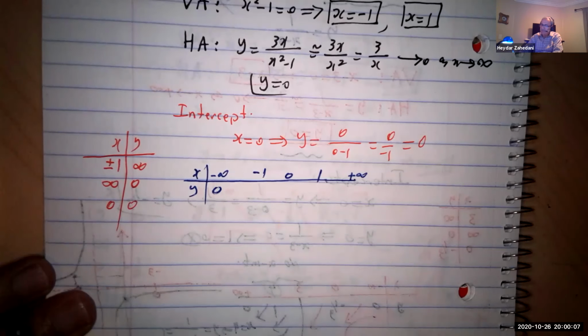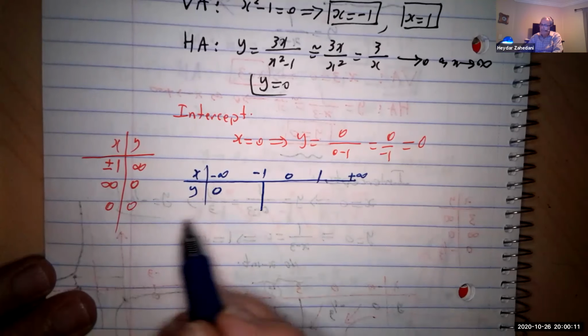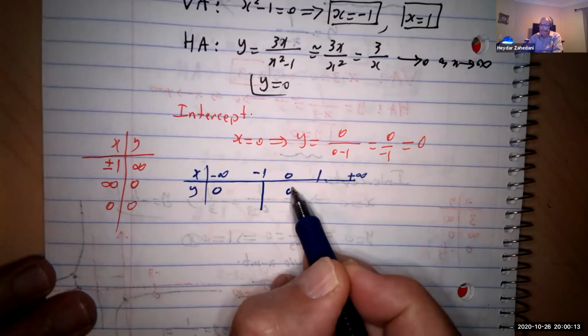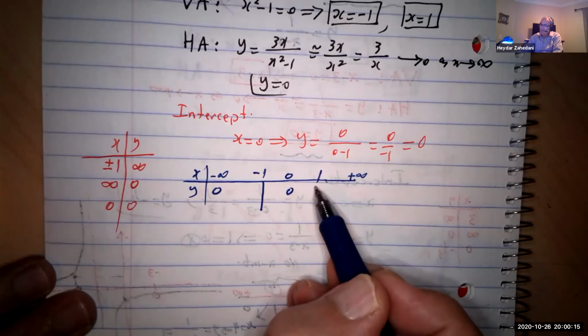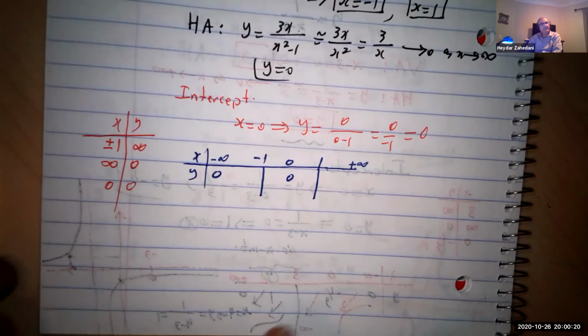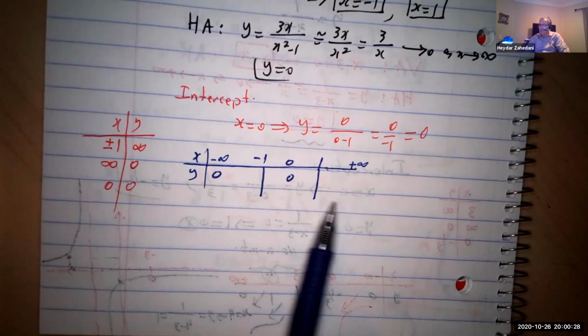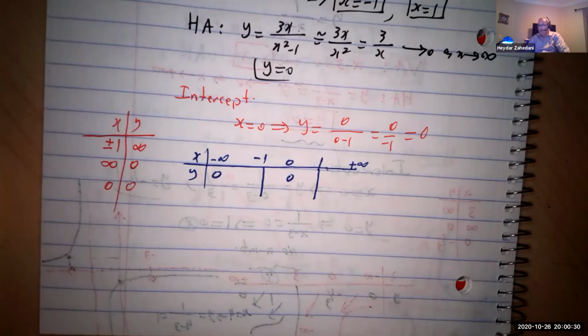When x is -1, it's an asymptote. When x is 0, y is 0. And when x is 1, it's an asymptote. That's it. That's all you have. So you need more information to be able to do it. Otherwise, you cannot graph it, because in each region you don't know the direction of your graph, going up or going down.